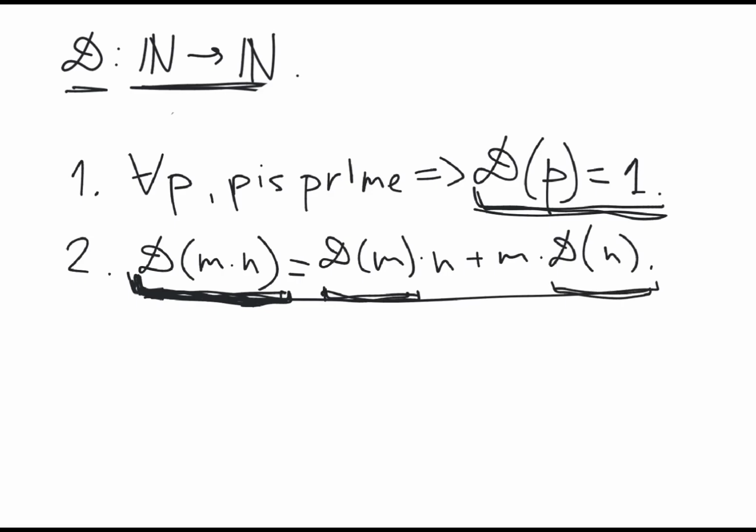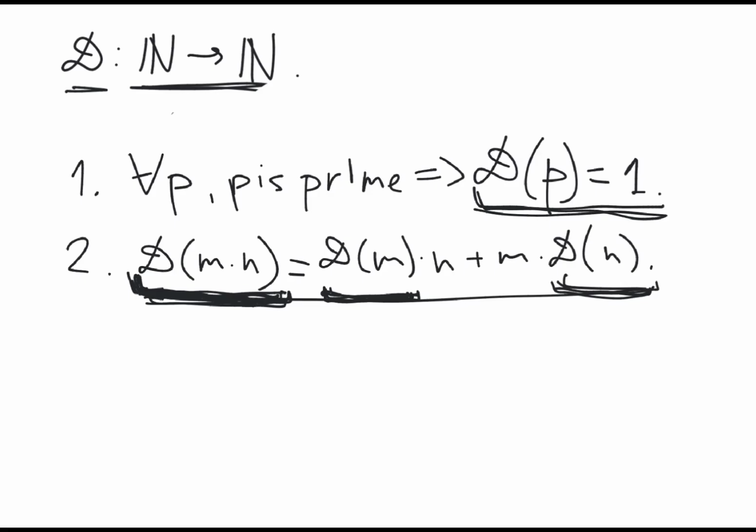Using the second rule, we reduce d of mn to d of two smaller numbers, and then we apply the same rule again to these smaller m and n. Either they are prime, or they can be represented again as a product of two smaller numbers, and so on.